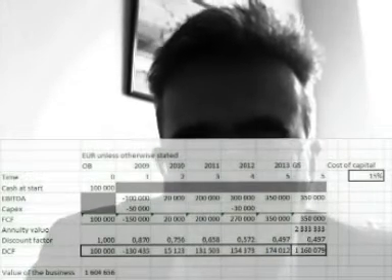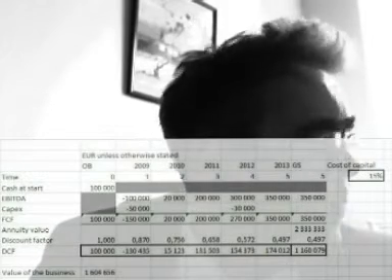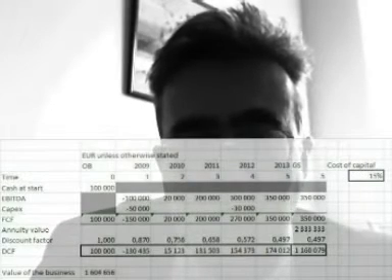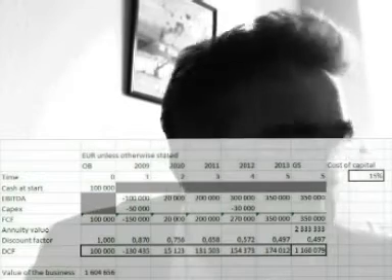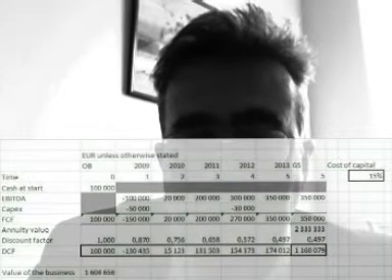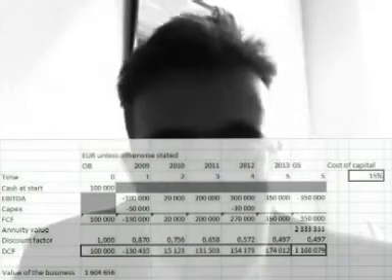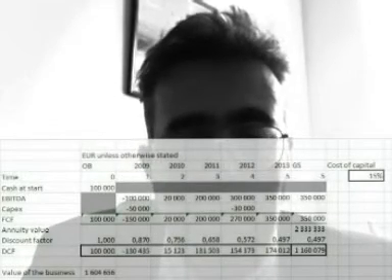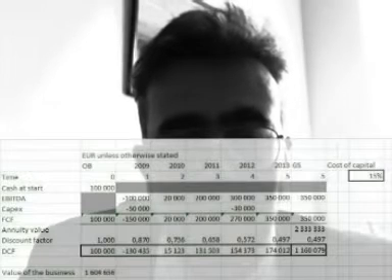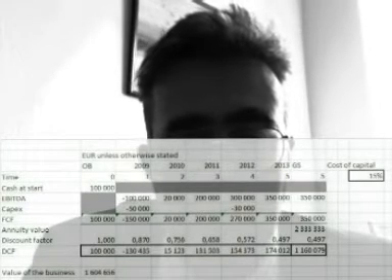That shows you that we believe that this will provide us an annuity that will pay 350,000 per year indefinitely at a cost of capital of 15%. That's equivalent of it being worth 2.3 million. But it's worth that in 5 years' time, and therefore we also need to discount that.